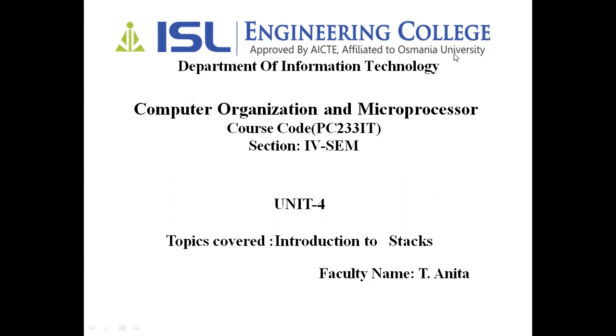All these we are going to study in unit 4 and unit 5. In total, unit 4 and unit 5 cover different microprocessors, their architecture, their working, and their usage. So today we'll start with the fourth unit.